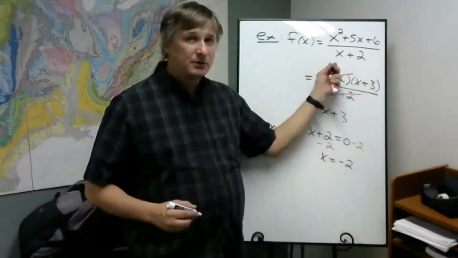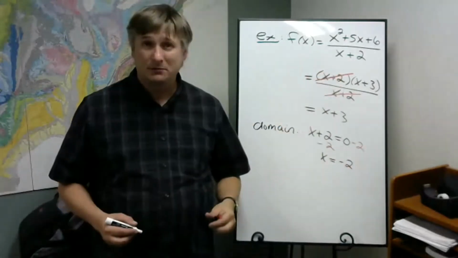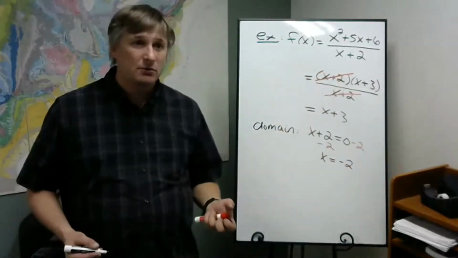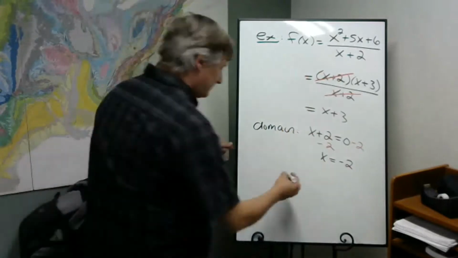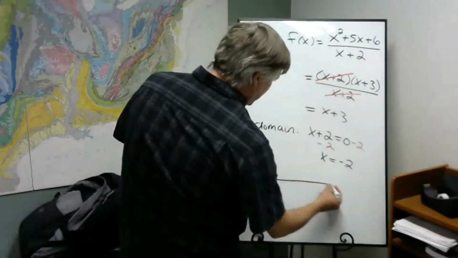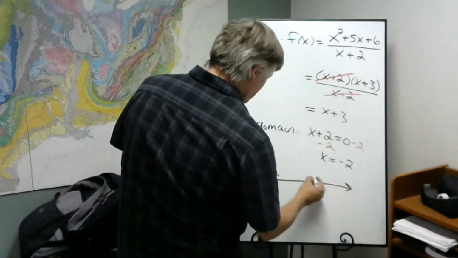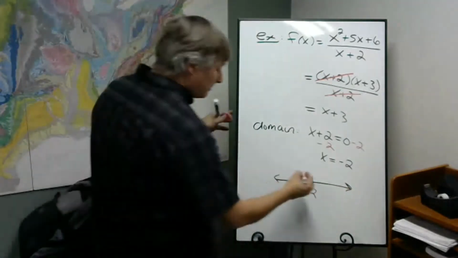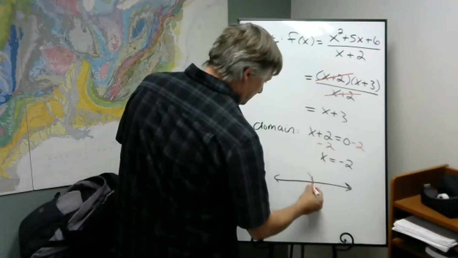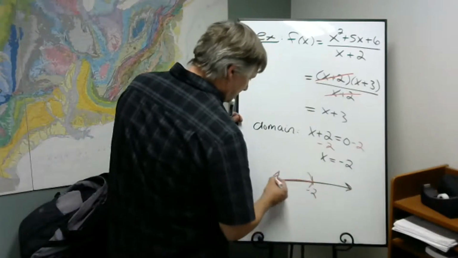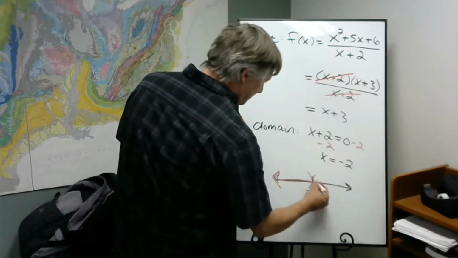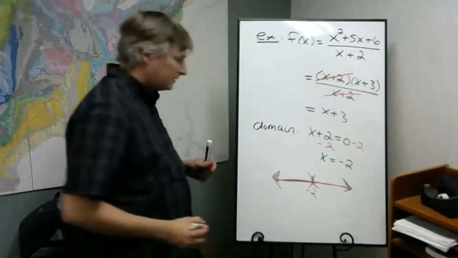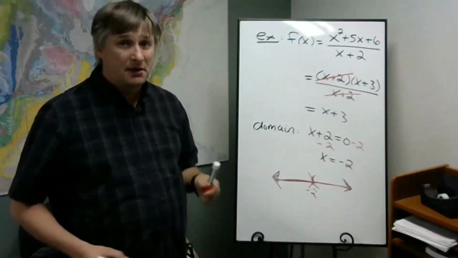So this becomes 0 when x is minus 2. So minus 2 is the number we want to avoid. So when we look at the domain, we can take everything below minus 2, everything above minus 2, but not minus 2 itself.